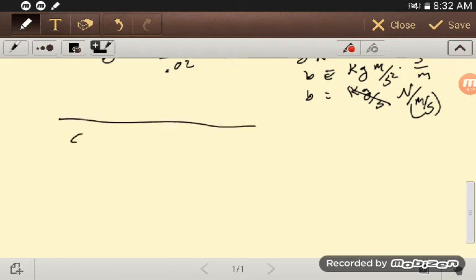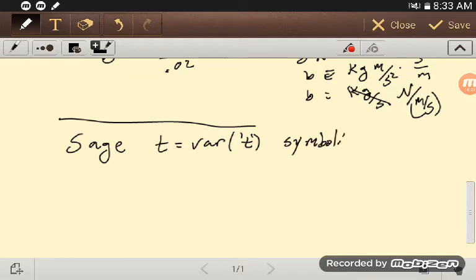Okay, so on the Sage, you have that first line, T var T, and all that's doing is setting up a symbolic variable.